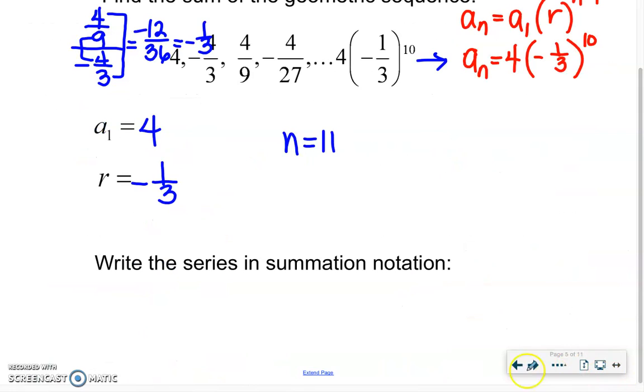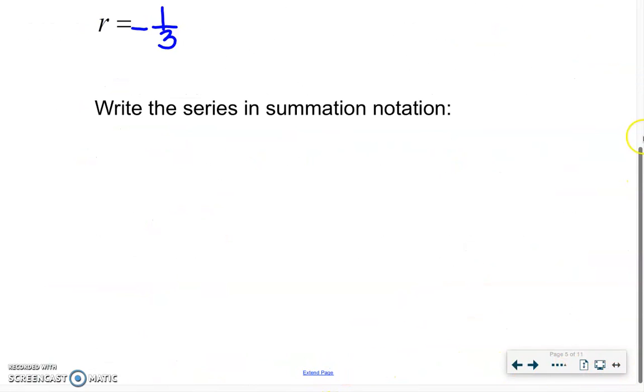When you do this, start with a sigma, and remember that means add up all the terms, which is what we need in order to do a series, because series means add up all the terms. And then we need a command to tell sigma what to do and where to begin. So you need a value at the bottom.